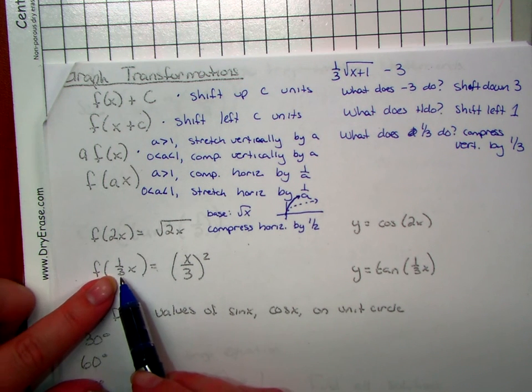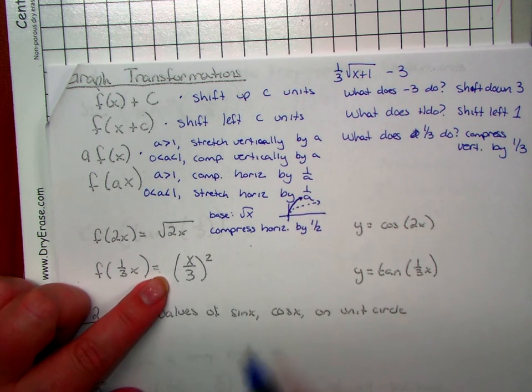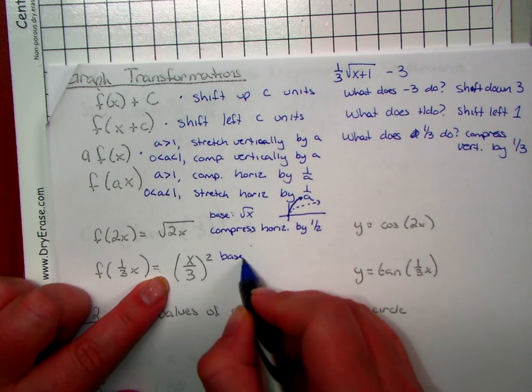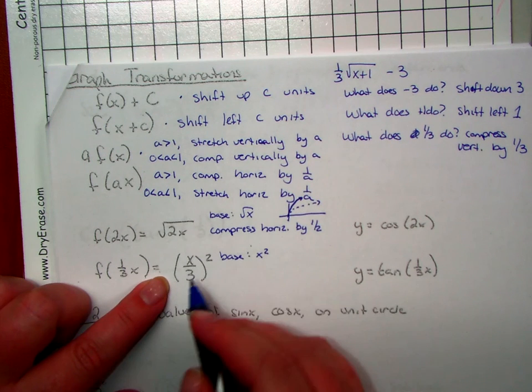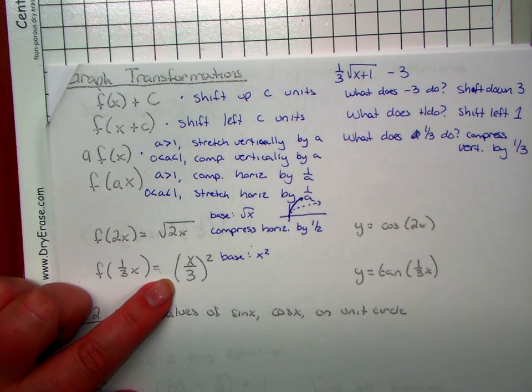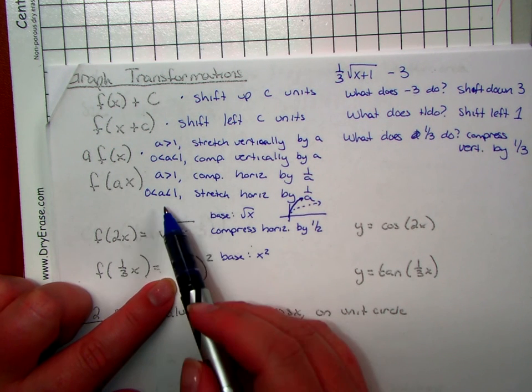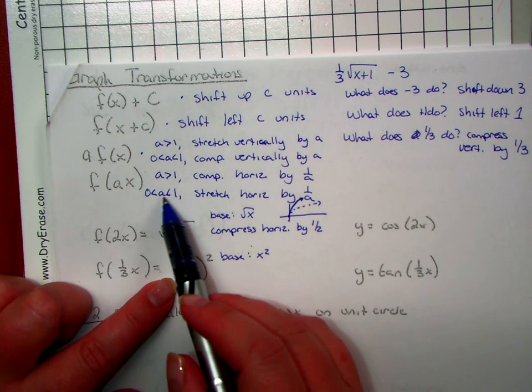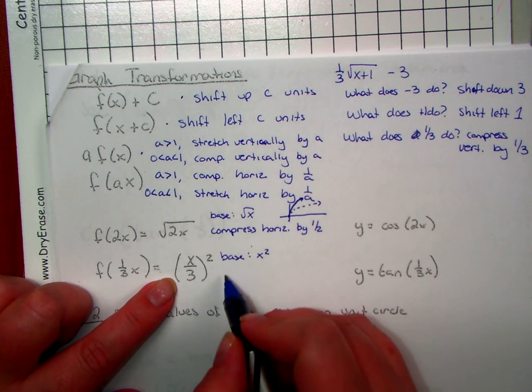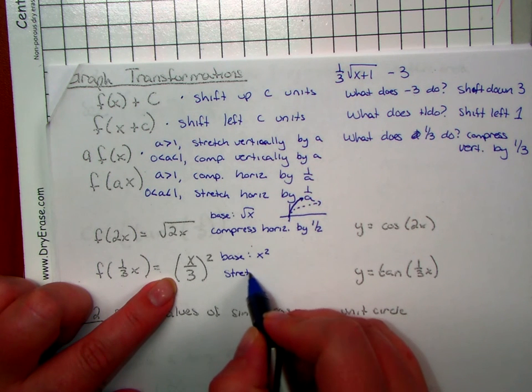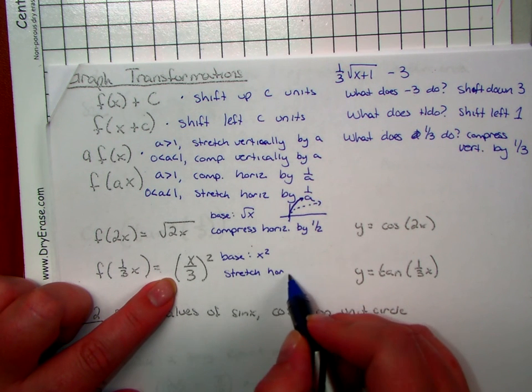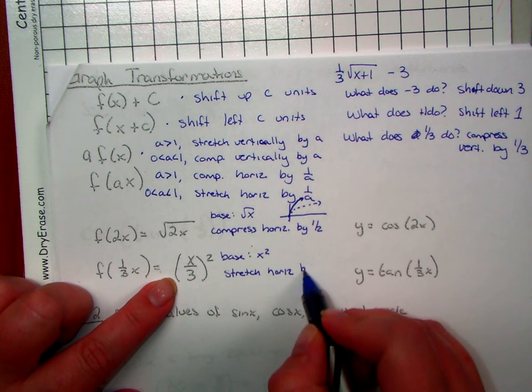Here we have 1/3 x. So say the base function was x squared. We have a 1/3 on the inside here. Okay. So since 1/3 is between 0 and 1, this is going to stretch horizontally. And the factor is the reciprocal. Right?